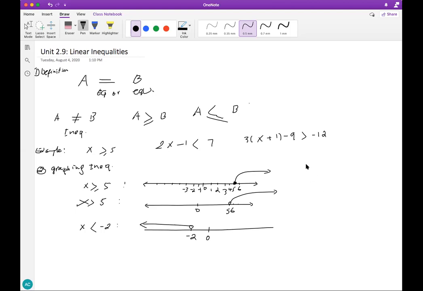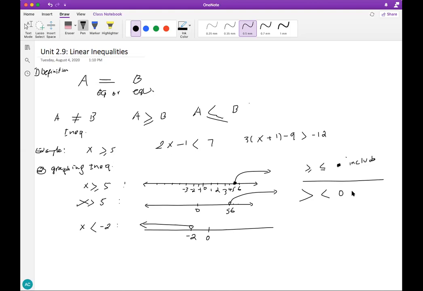So when we have this and this, we use a shaded circle, which means include. Include whatever number is here. However, if you have only this and this, without those little lines, on the graph we use an empty circle as opposed to a shaded one.